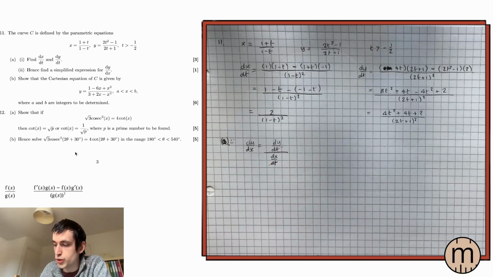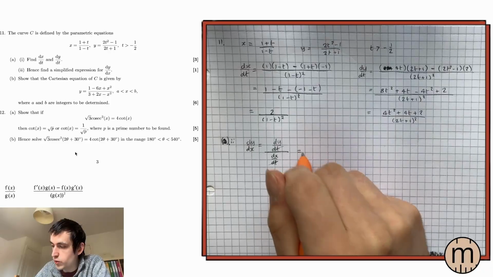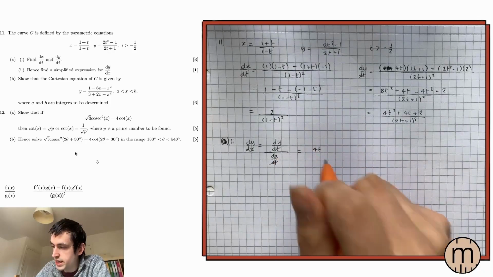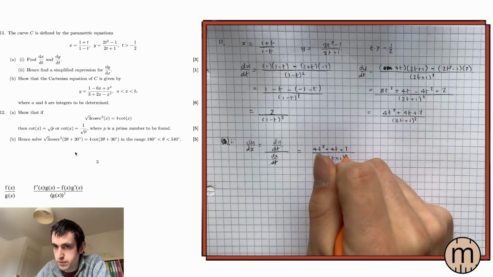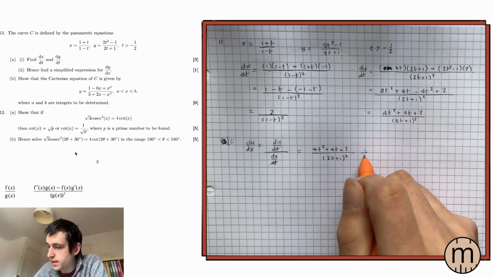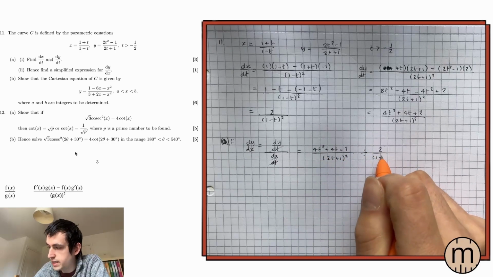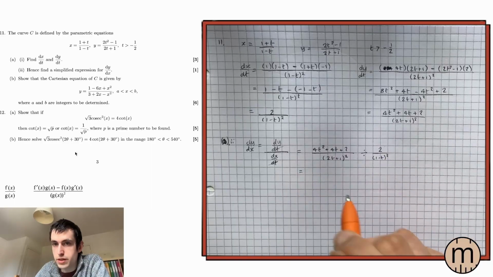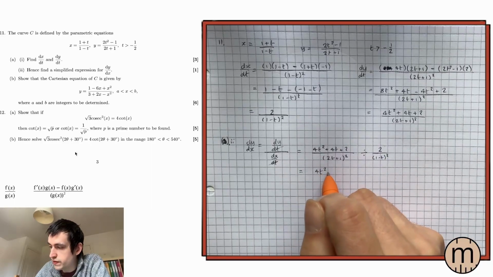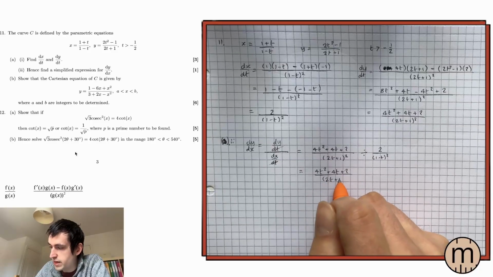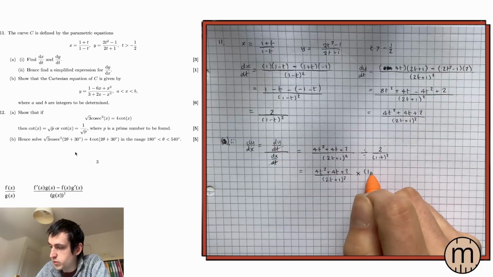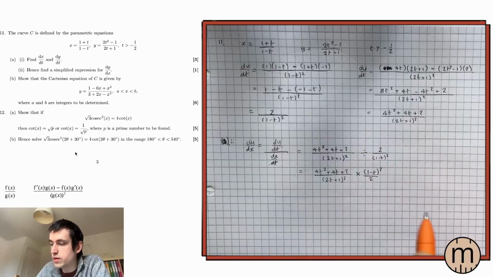So if you don't want quadruple fractions, then you can of course write it as dy/dt divided by dx/dt instead, and you can go back to your rules of fractions and do a keep, flip, change, so that it becomes times (1 minus t squared) over 2.